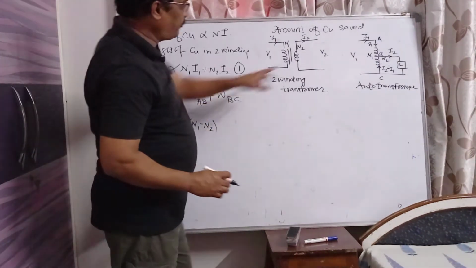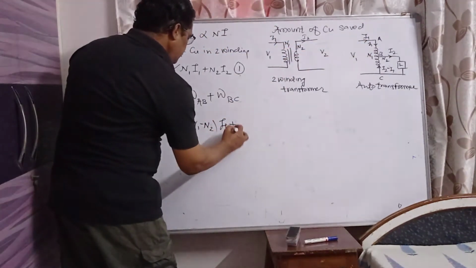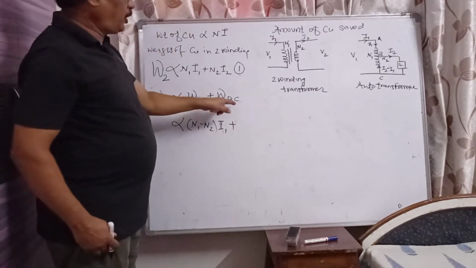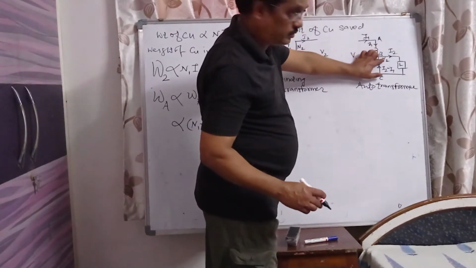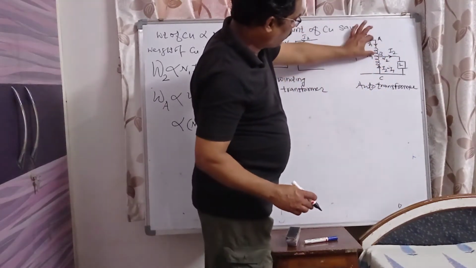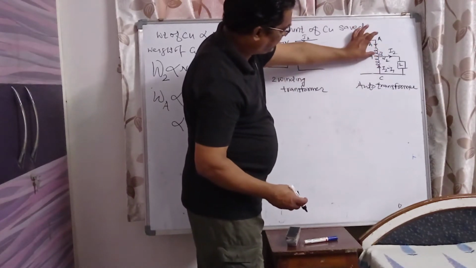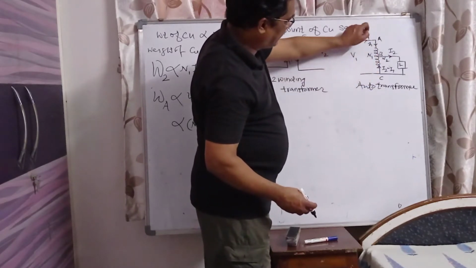And what is current for A to B? It is I1, plus weight of copper for B to C. B to C number of turns are N2. And what is current? I2 minus I1. A to B number of turns is N1 minus N2 and current is I1.